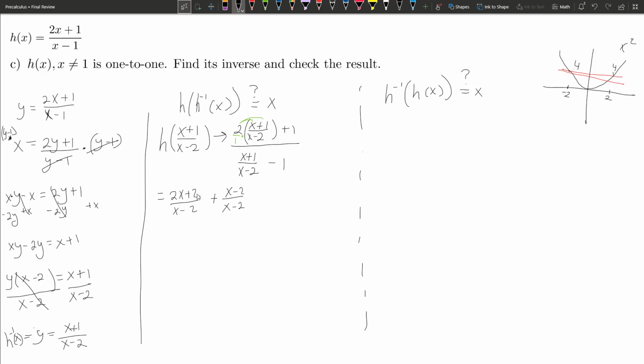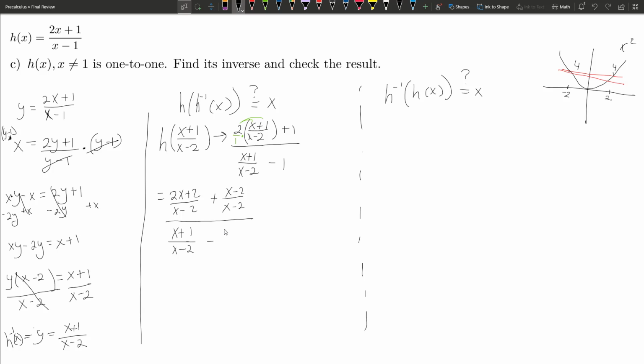Right? And if you don't know the shortcut I'm talking about, I'll leave a link in the description with another video of why that is a good strategy. This one doesn't change because it's exactly in the form that we want it to. It has the x minus 2 in the denominator.